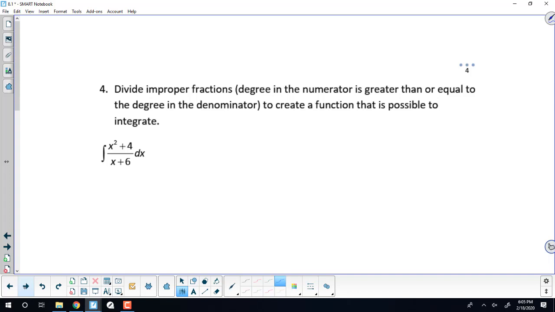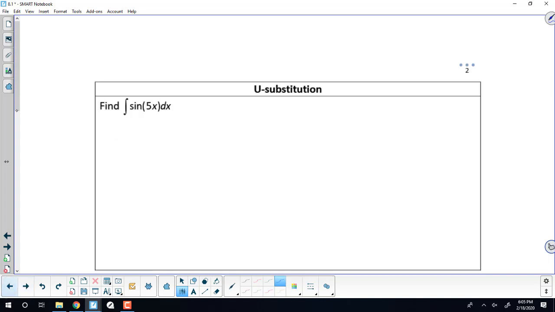But whenever you have an integrand, if you've got a rational function where the degree of the numerator is larger than or equal to the degree of the denominator, that's what they call improper. And so to simplify those or to look at them differently, we use long division on those things. Okay, so that is addressed there, but we're going to go back to example 1 because it's sort of needed.